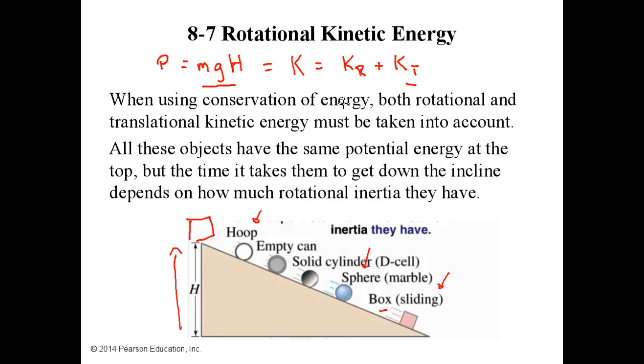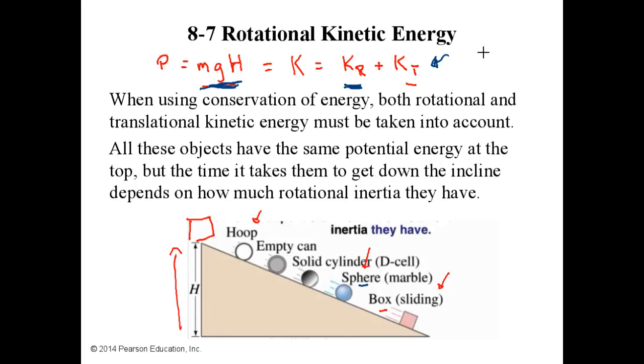However, as soon as we start worrying about rotation, for example, having a sphere, then some of this limited potential energy is now going to go into rotating the object. So the translational speed is going to be lower.